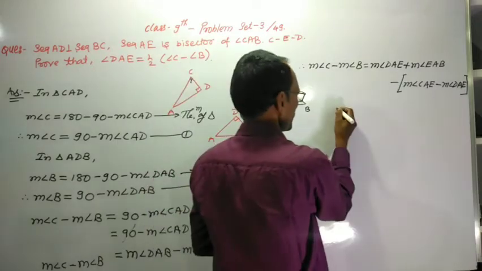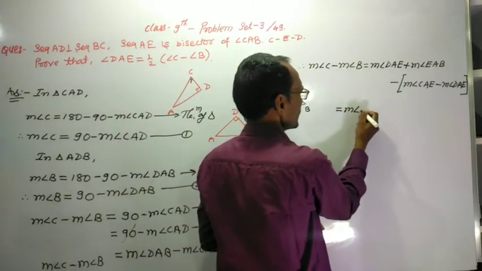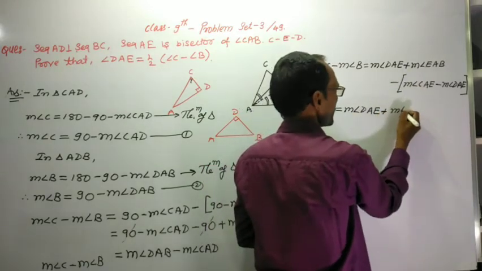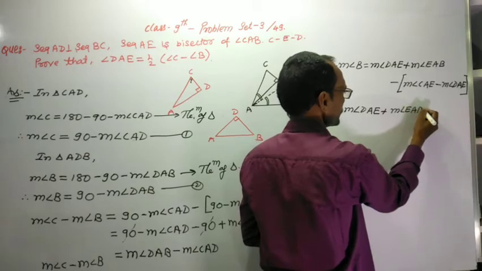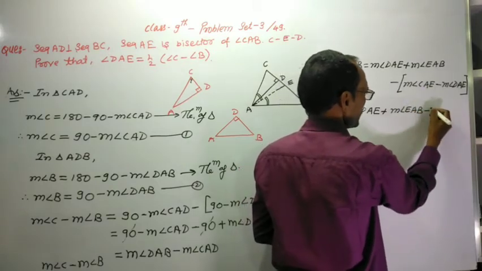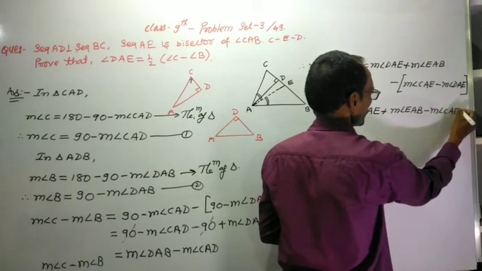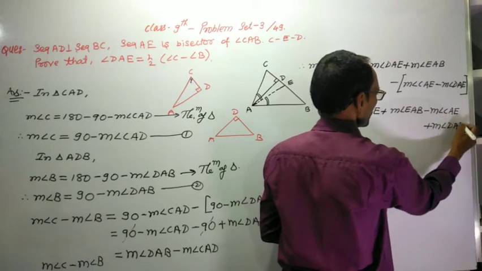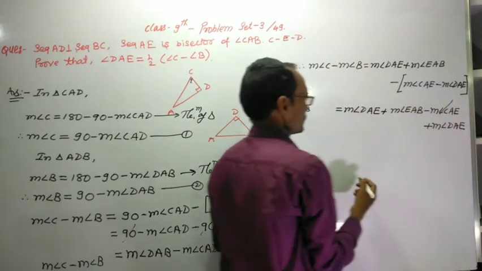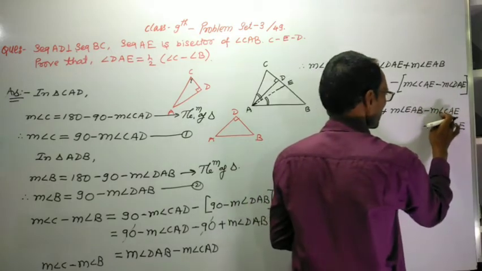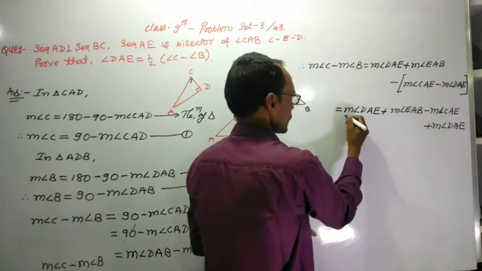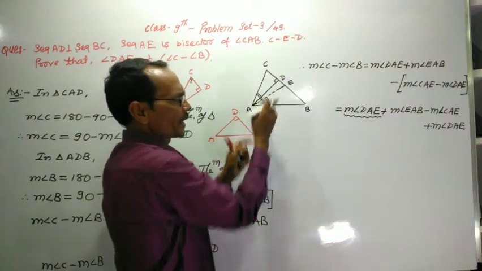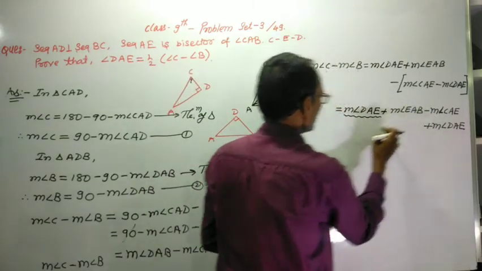Now solve this bracket. We get measure of angle DAE plus, as it is, measure of angle EAB minus CAE, minus into minus plus measure of angle DAE. Now, what about EAB?